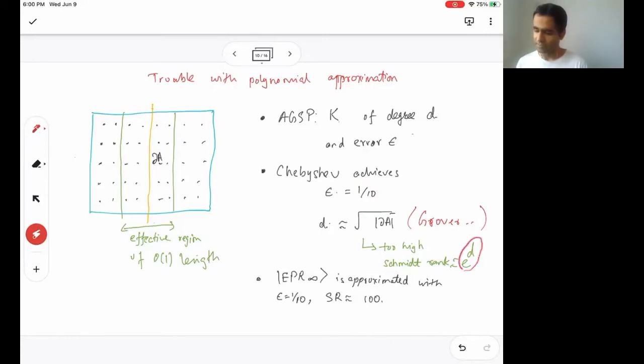The reason why this is a bad approximation is that when the area is large, this is worse than the approximation you get for an infinite amount of EPR pairs, which achieves an error of 1 over 10 and a Schmidt rank of a constant, 100. So the Chebyshev polynomial doesn't even achieve the Schmidt rank that you would get for very highly entangled quantum states. So there's no way the Chebyshev polynomial can help you prove an area law in 2 dimensions, because it doesn't achieve the right parameter. Any questions about this?